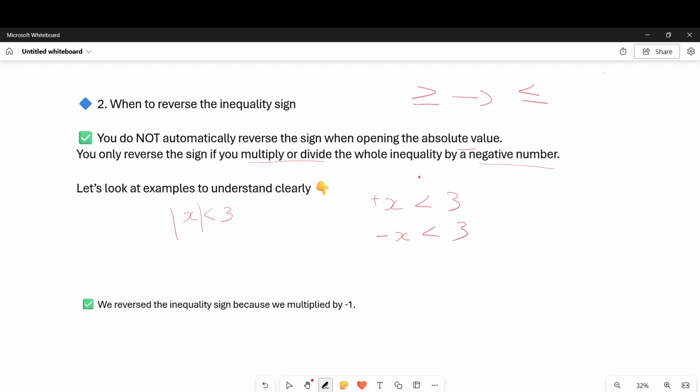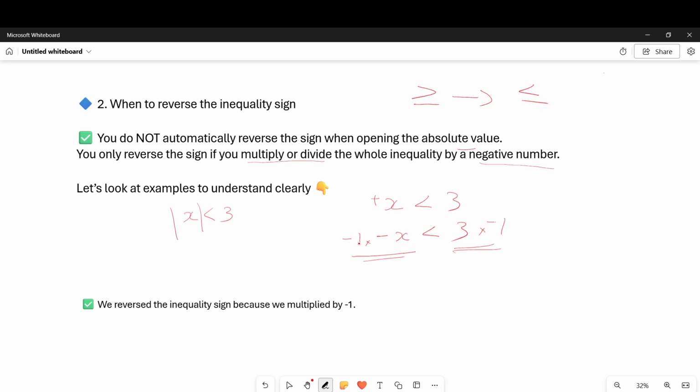Here this is positive x, this is negative x. We need the left hand side to be x, so we need to remove this negative from the left hand side. We multiply with negative 1, so minus 1 times x, and on the right hand side also minus 1. We multiply the whole inequality with a negative number, so here we need to reverse the sign.